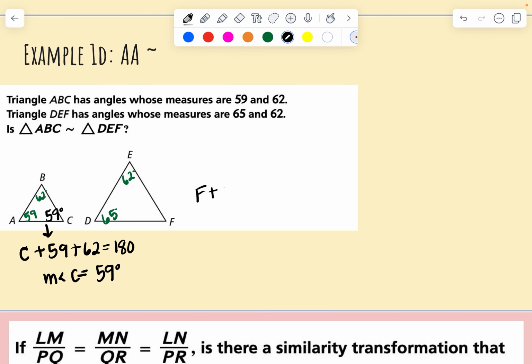So F plus 65 plus 62 is 180, which means the measure of angle F is 53 degrees. So if I look at my two triangles here, it looks like I only have one pair of congruent angles. So no, these two are not similar.